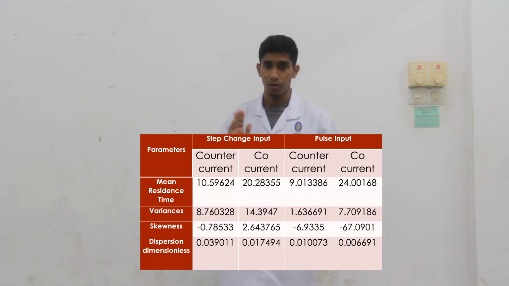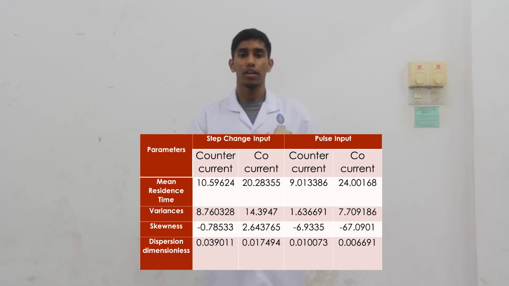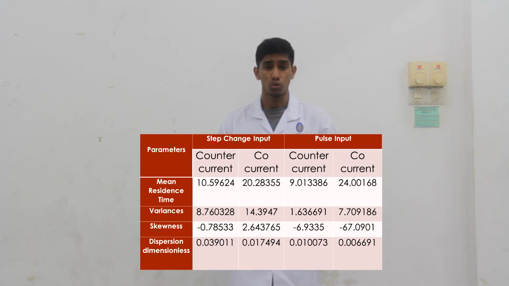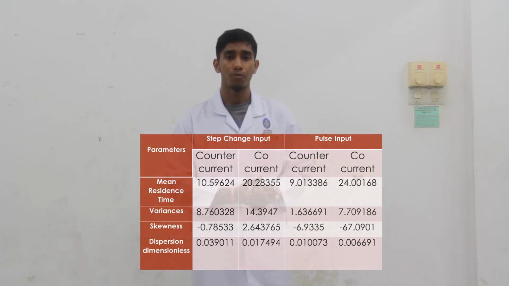And for other parameters like skewness and dispersion, counter current mode also shows a lower value when compared to co-current mode. So even for pulse input, counter current flow is more efficient compared to co-current. This is why in industries we use more counter current flow instead of co-current. That's all from me. Thank you.